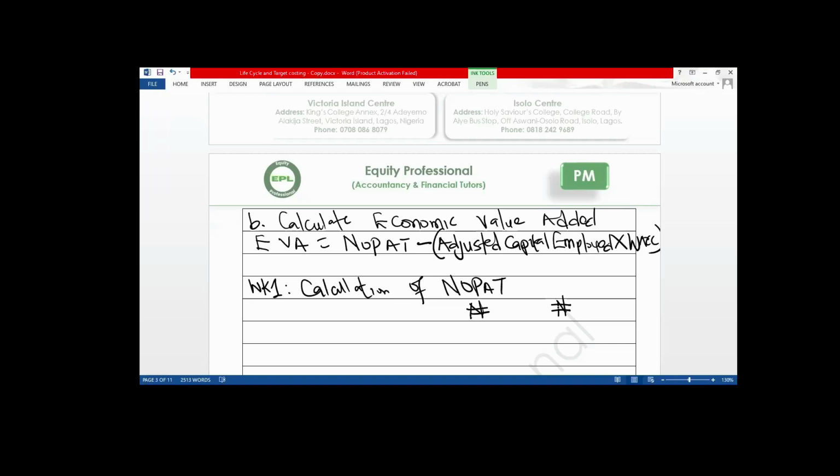In this case, we are going to calculate EVA for year 2020, the most recent financial year.